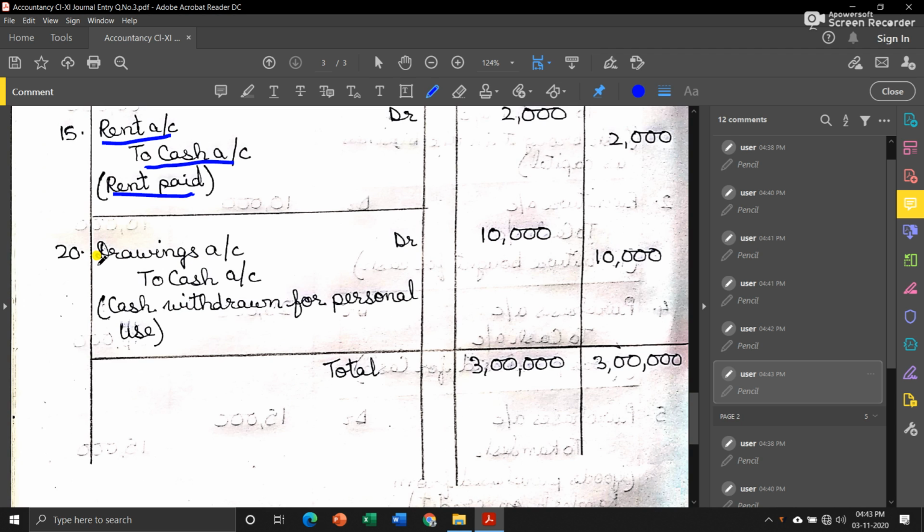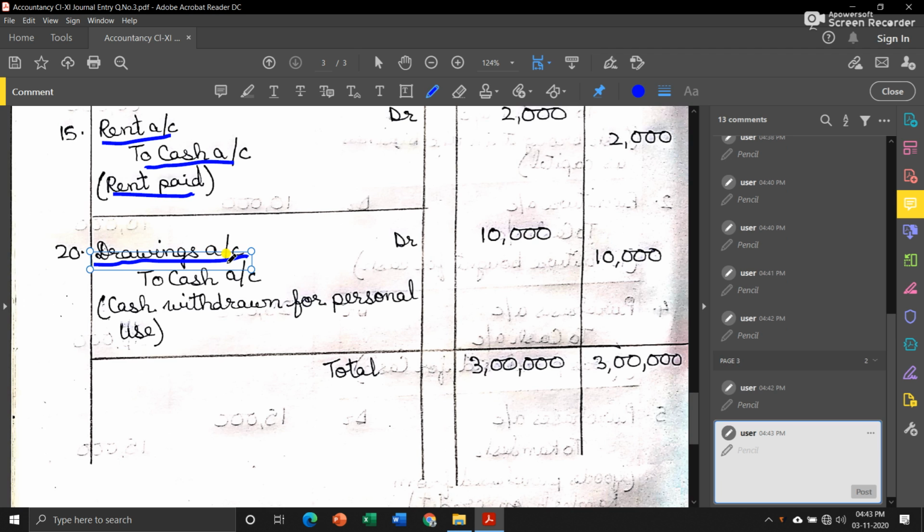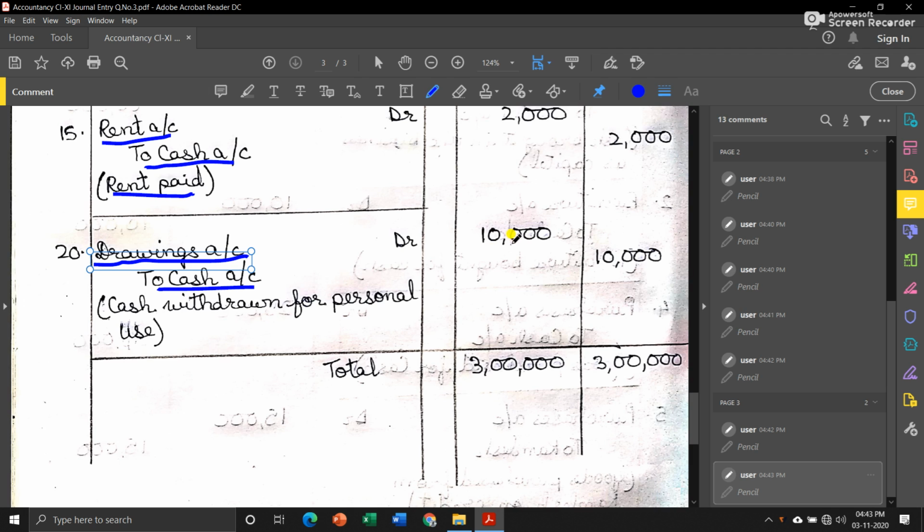When some amount of money or something is taken out from the business, it is a loss for the business. According to the rule of nominal account, debit all expenses or losses. So we have debited drawings account, and he took out cash, so cash is going out from the business, so cash account will be credited, and the amount is 10,000 for both the columns.